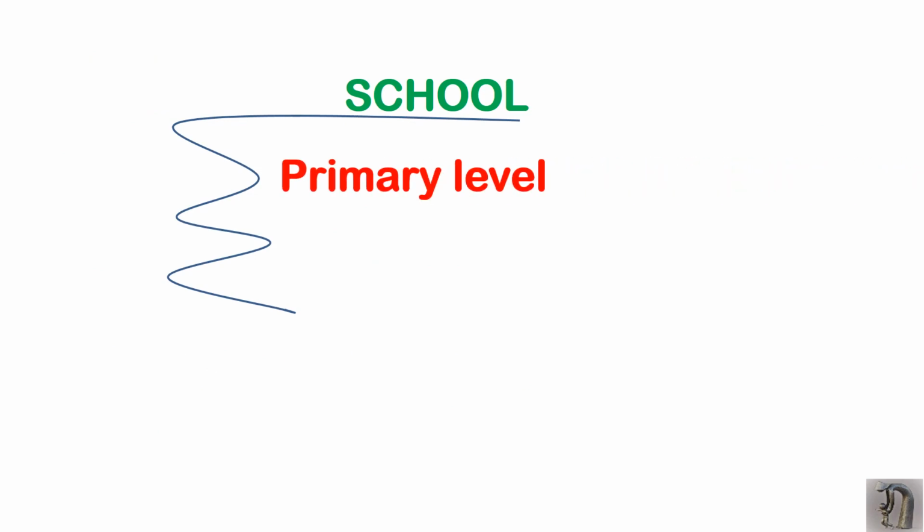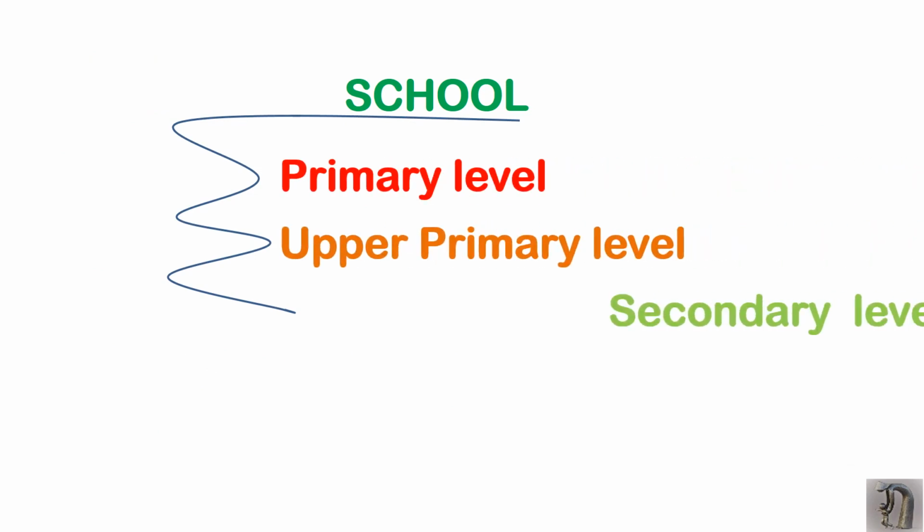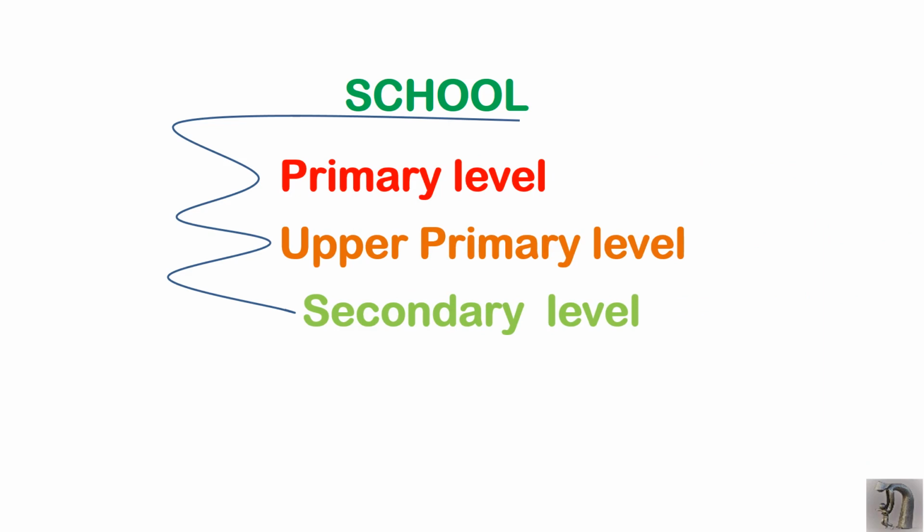Okay, let us move on. Now let us see school. When you hear about school, you will see there are different sections, right? There are different levels like primary level, upper primary level, and secondary level. The terminology remains different, but almost it is divided by the same age levels, even if you see CBSE, international, or IB curriculum as well.